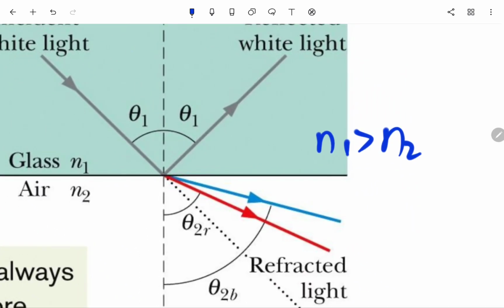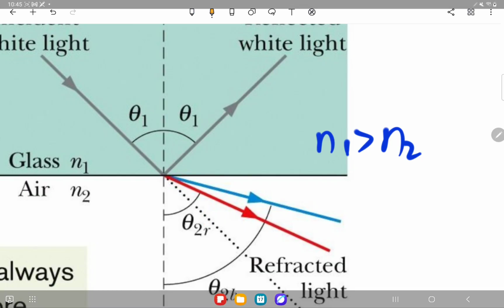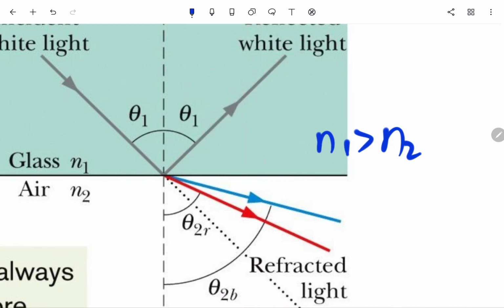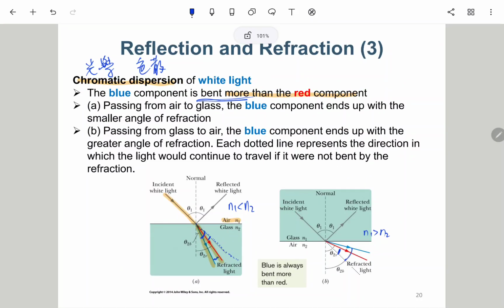So here it also tells you that the red light bends less and the blue light bends more. This is why for the traffic light we use red light to specify stop, because the red light will have less bending.